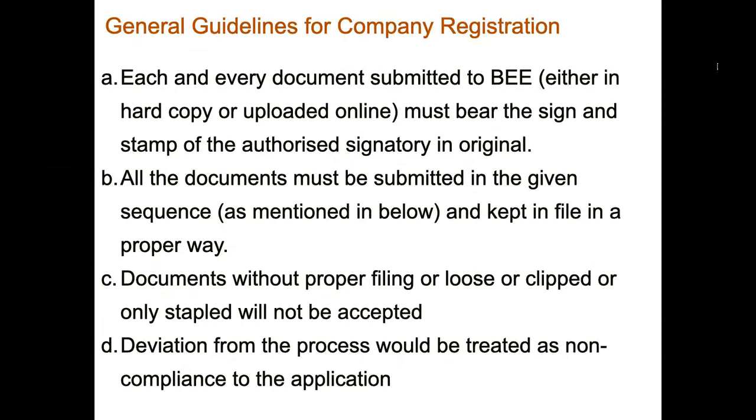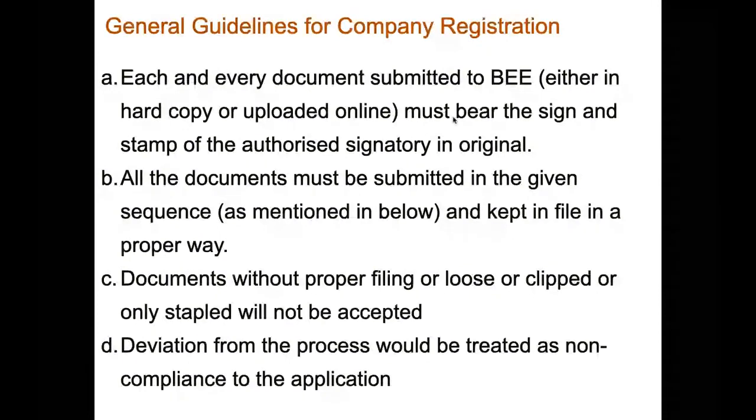It can be either in hard copy or uploaded online as well, and must bear the sign and stamp of the authorized signatory in the original, right? So if you want company registration, you need to follow such guidelines and prepare such documents, and all the documents must be submitted in the given sequence only.